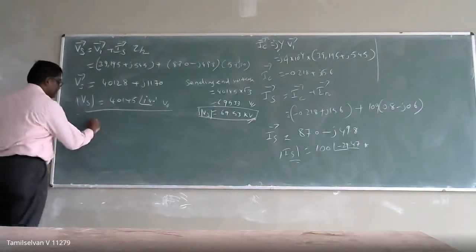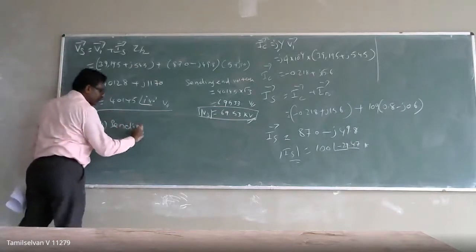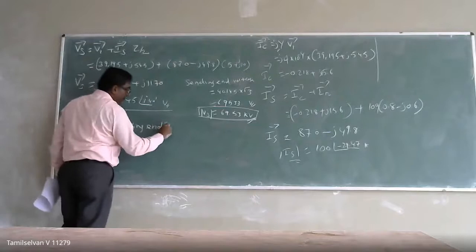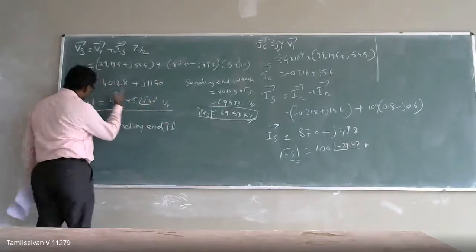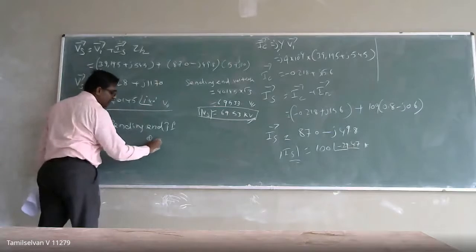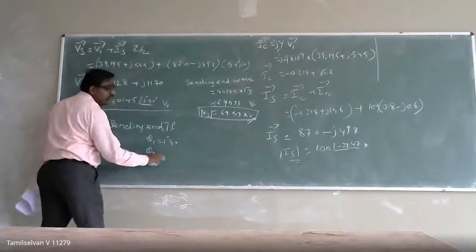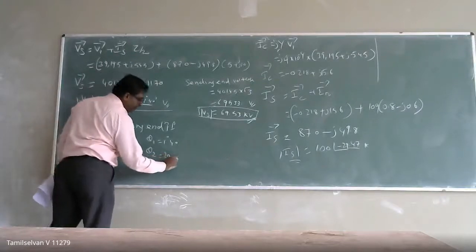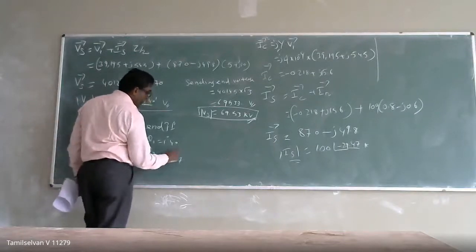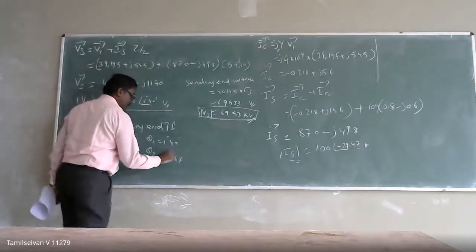Here the angle of the voltage is 1 degree 40 minutes. So theta 1 is 1 degree 40 minutes and theta 2 is 29.47, which means 29 degree 47 minutes.